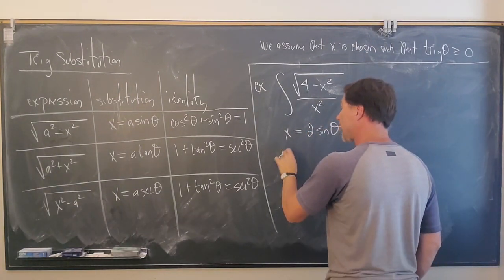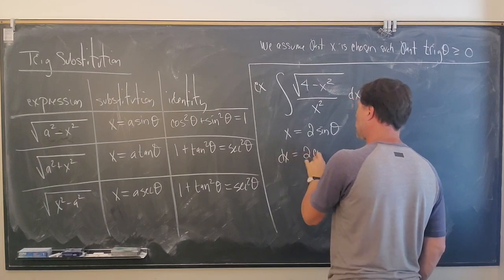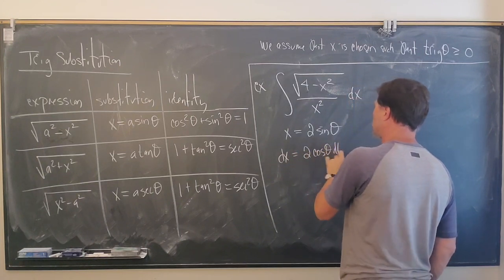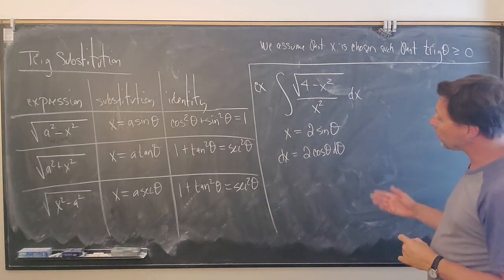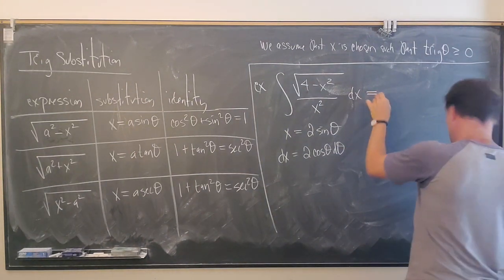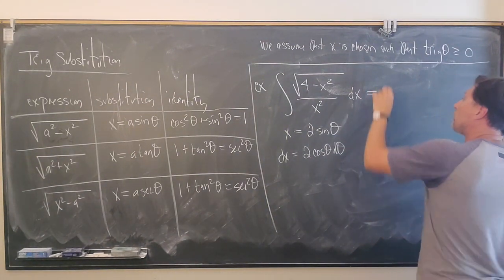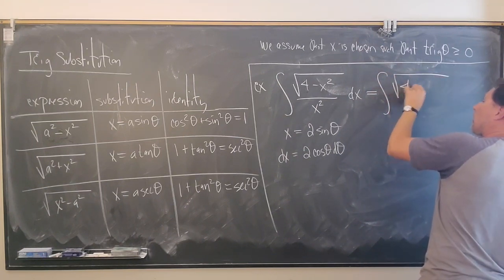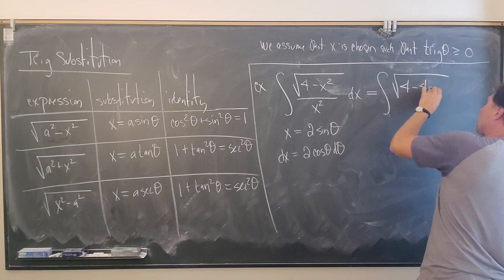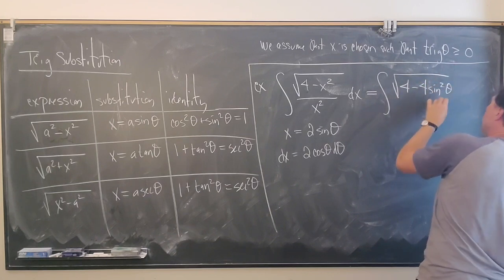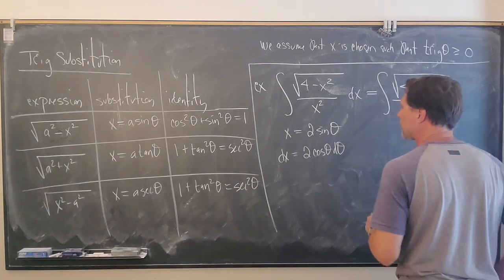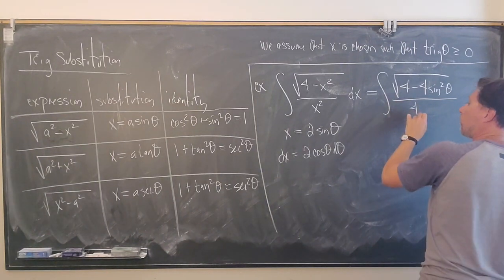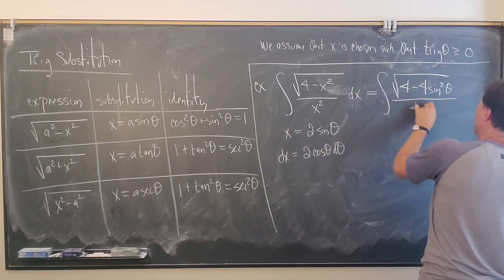We need to compute dx, so dx is equal to 2 cosine theta d theta. Now I'm going to go back and substitute. So this will be the integral. Under the square root, we're going to have 4 minus 4 sine squared theta. In the denominator, we will have 4 sine squared theta.